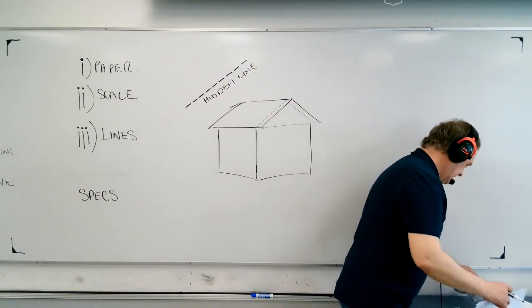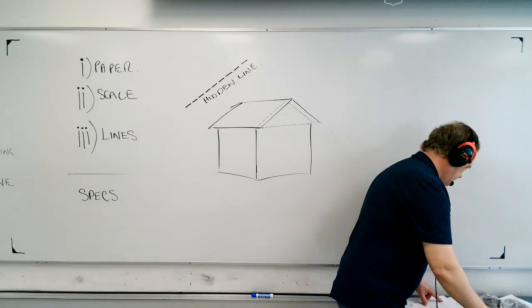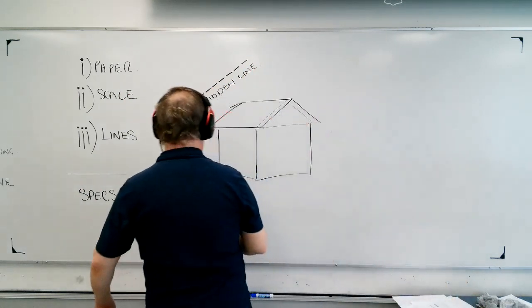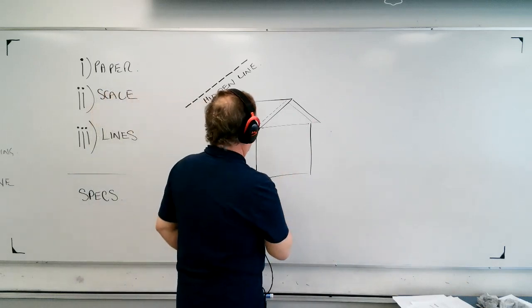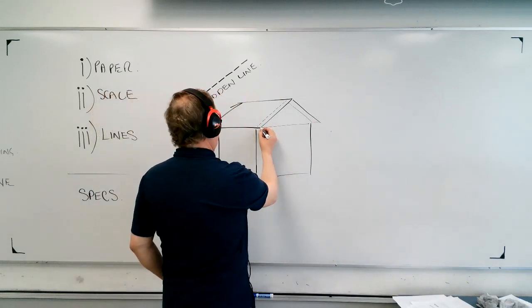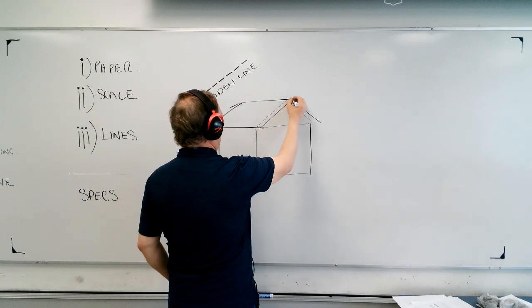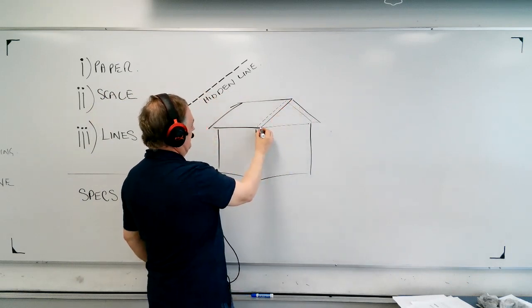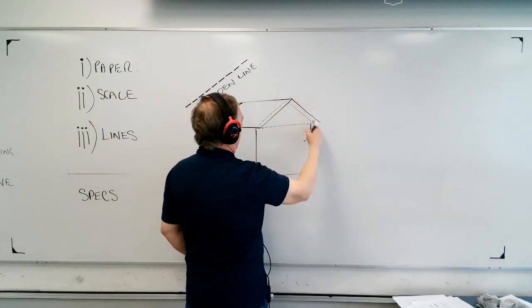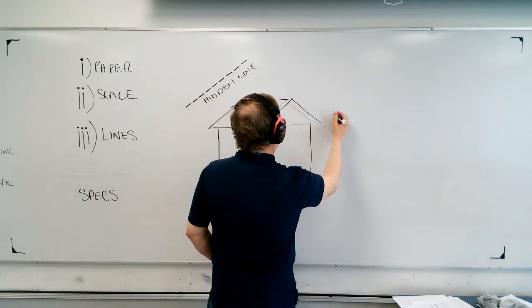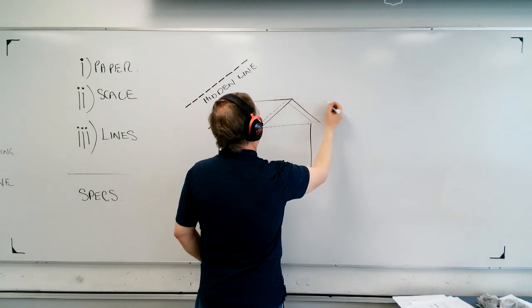Now there are some other lines that are pretty important. And so let me go ahead. I'll use this actually as an example. If I wanted to show you what the length of the roof is from the peak to the end of the eave, and I'll show you on this side over here, what I would do is something like this.